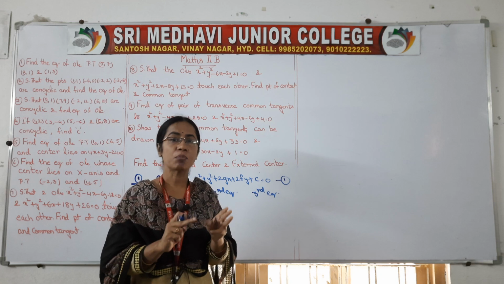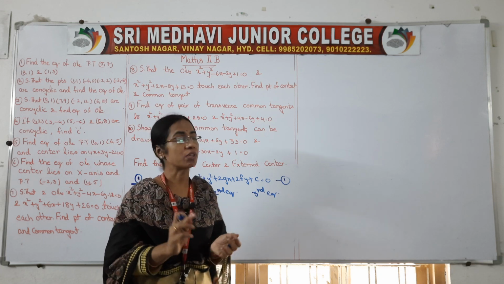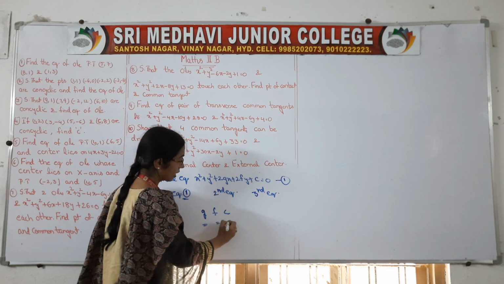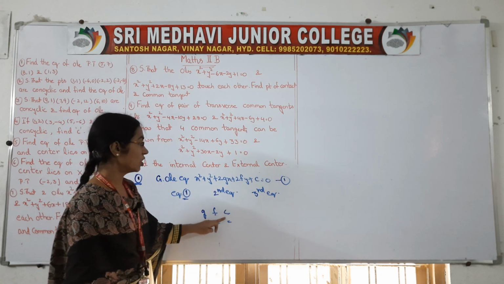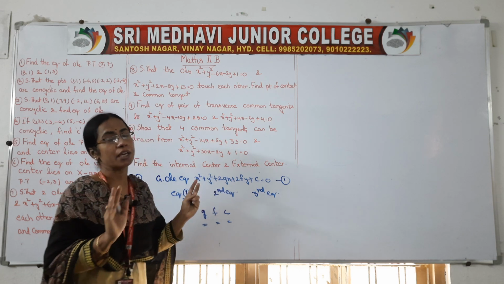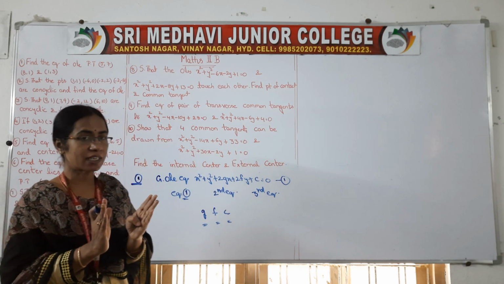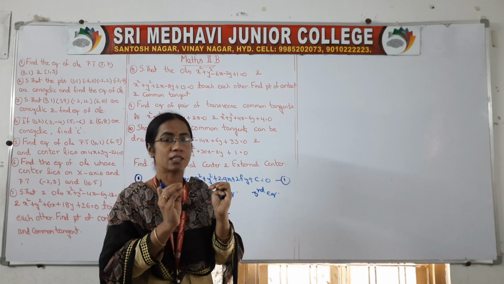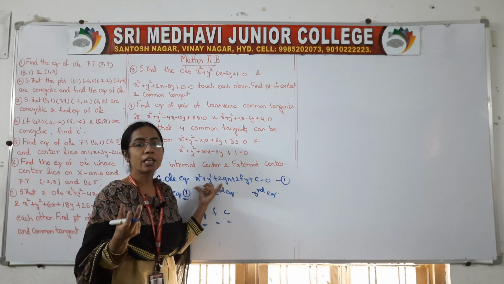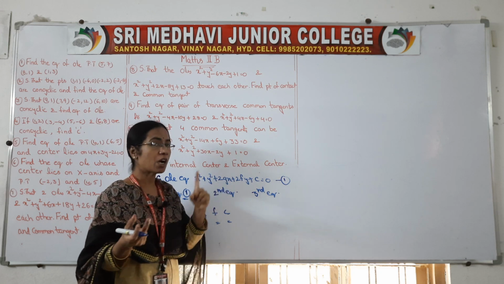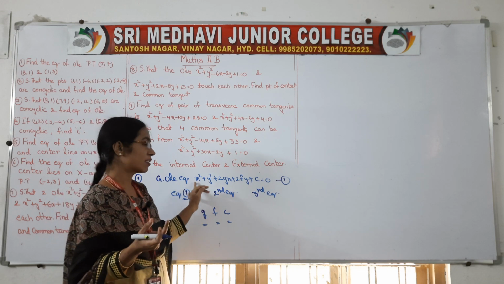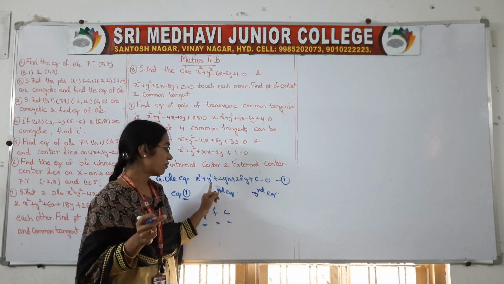Take 2 at a time and solve them and try to get your g, f, c. Definitely you will get it, right? Once you have got your g, f, c, substitute in this equation. That will be your required circle equation. Once again, first we take the general circle equation. This circle passes through the first point: substitute the x coordinate wherever x is there, and the y coordinate wherever y is there.